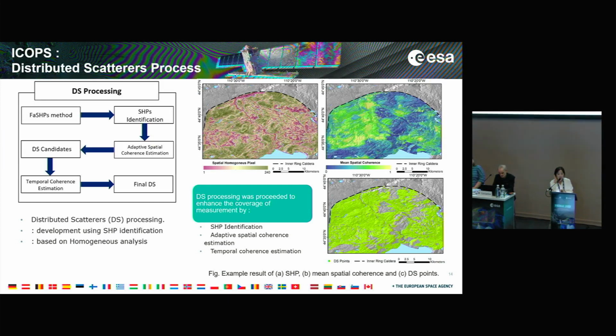So we use the FaSHP method, then SHP identification and additive estimation, DS candidate, and find the final DS.